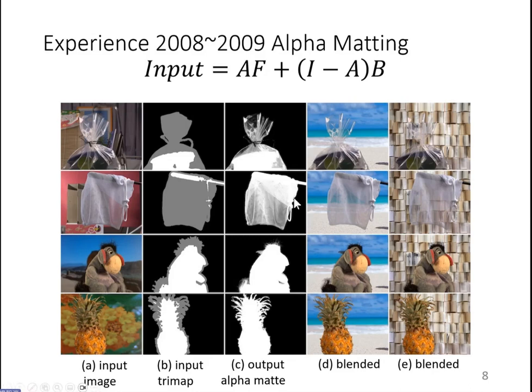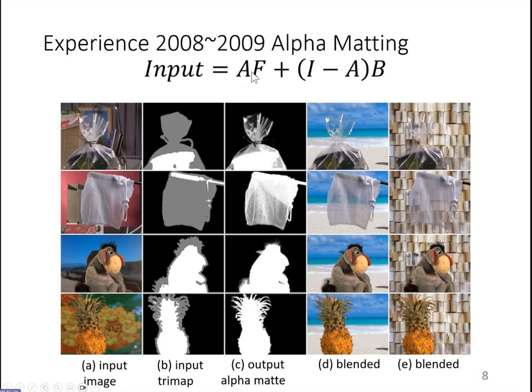The foreground object is the bird, and the background is the window or something. My goal is to separate the foreground object and the background and determine the transparency of the two objects.